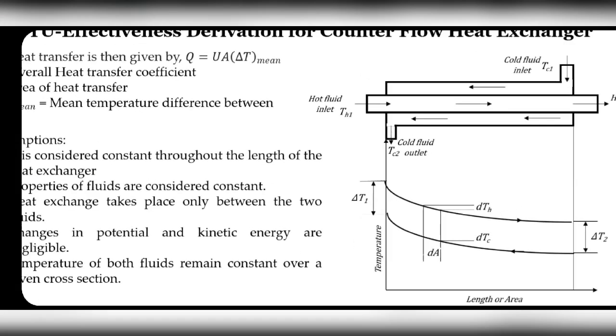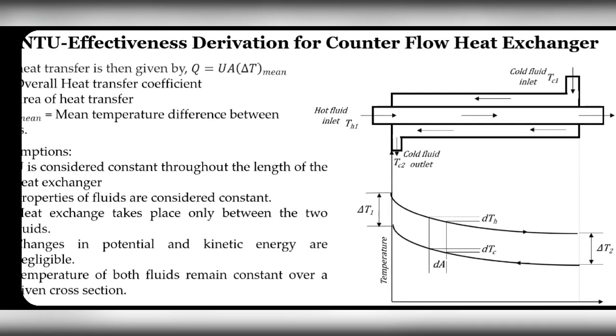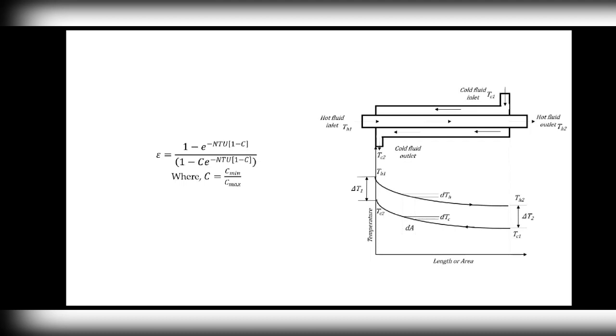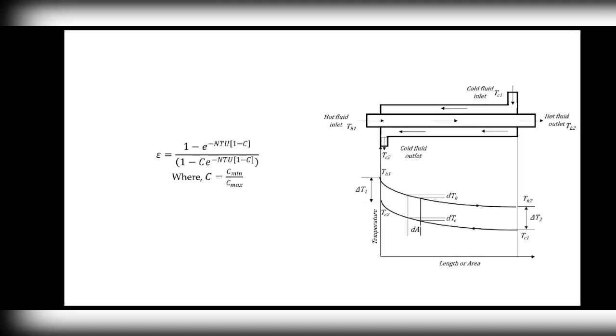Again, if you look at a counter flow heat exchanger, as we had discussed in the LMTD method, the hot and cold fluid will be flowing in opposite directions. That can be seen here in the diagram as well as in the temperature profile. So again here I will consider dA, a small elemental area, to find the heat transfer, and then I'll integrate it over a larger area, and then I'll try to eliminate the temperature term with the help of the specific heat capacity of the hot and cold fluid.